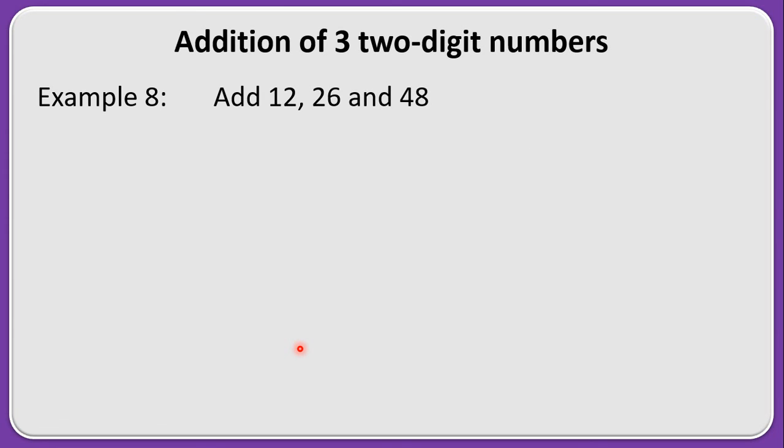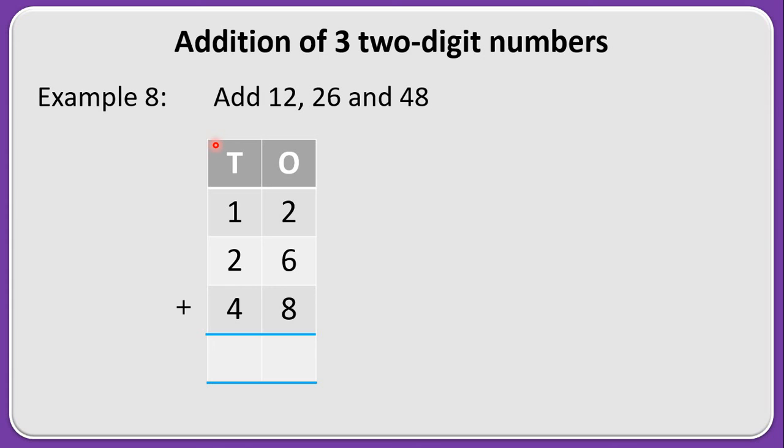Let us now move to the next example, example number 8. Addition of 3 two-digit numbers. Here we will add 3 two-digit numbers, that is 12, 26 and 48. We are writing the given numbers one below the other.